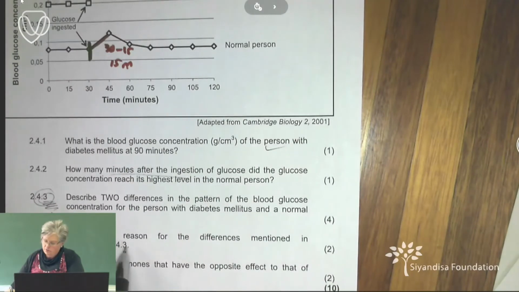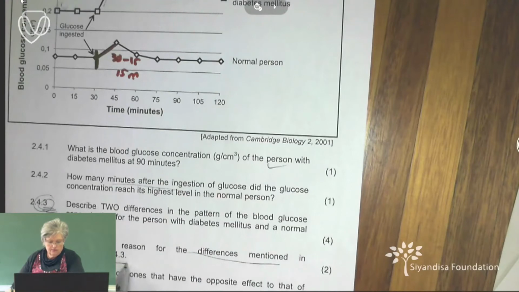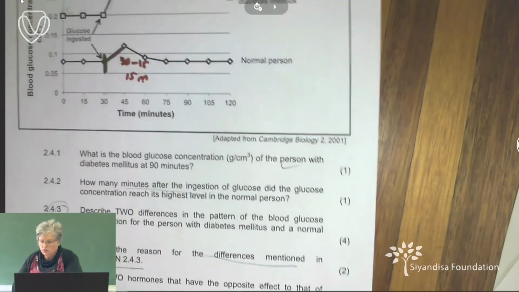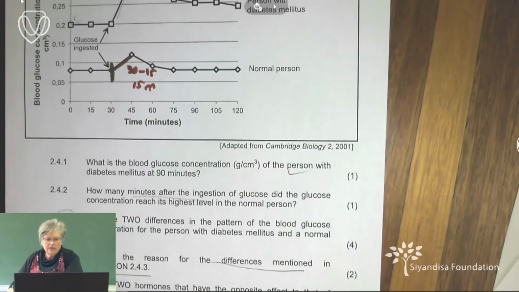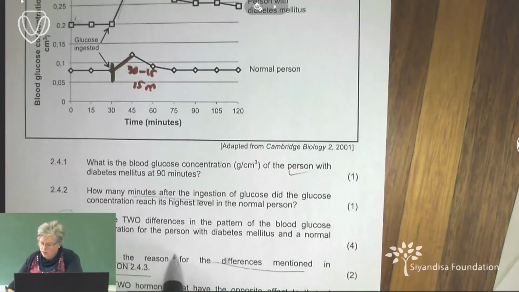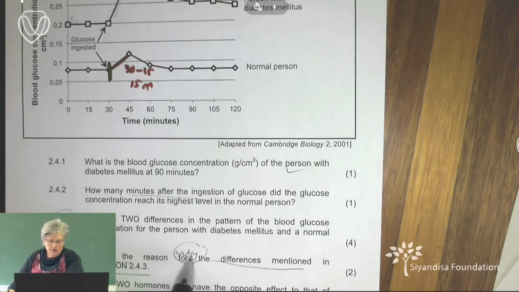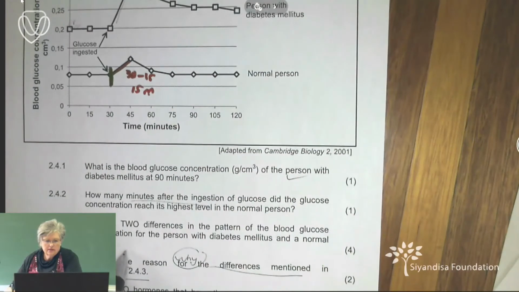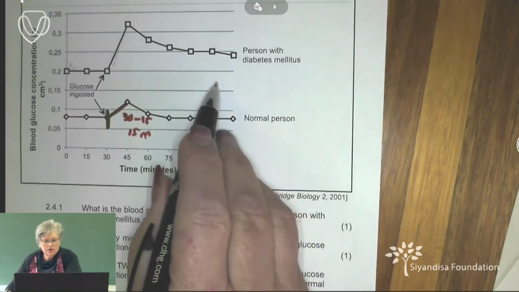Explain the reason for the differences mentioned in question 2.3. Okay, so they don't ask you directly about negative feedback. They ask you to explain the reason. Why? There's my why question again. Why does this person have a higher concentration of glucose?